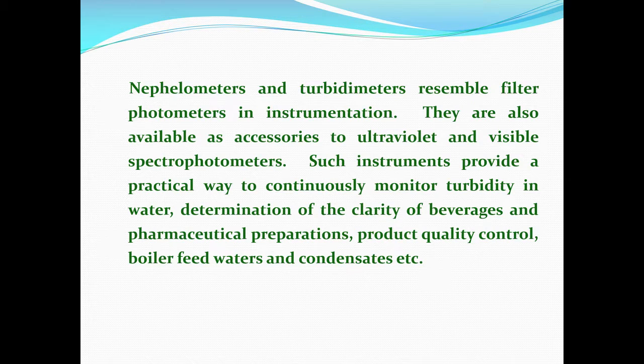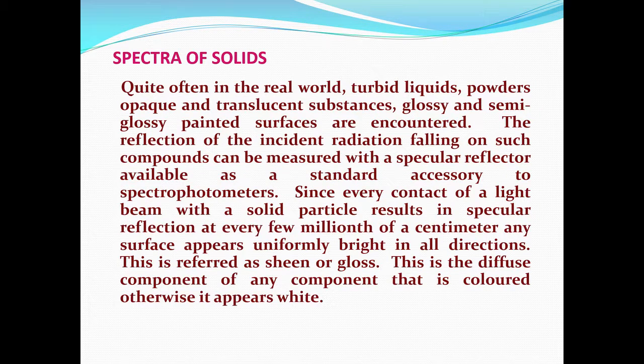There are also several pharmaceutical preparations, product quality control, boiler feed waters and condensates, where phosphate and sulfate analysis is required, and turbidimetry could be one of the best methods for easy and fast determination of such samples.